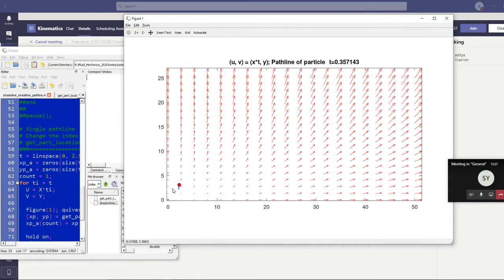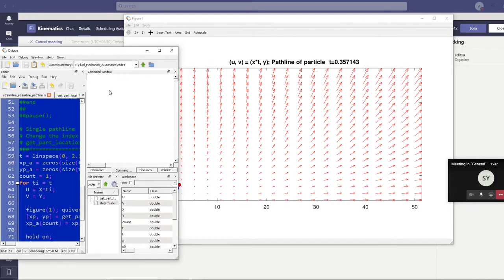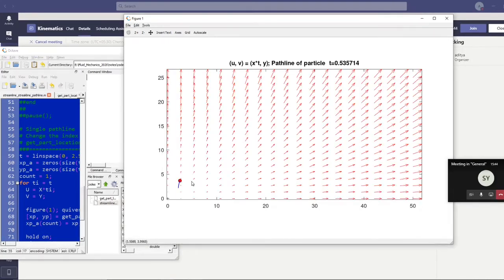As time increases, the x velocity is increasing, but we are still at a low value of x. The initial condition is chosen at a low value of x, so the flow is still dominated in the y direction. As time is increasing, slowly the x velocity is also coming into the picture.